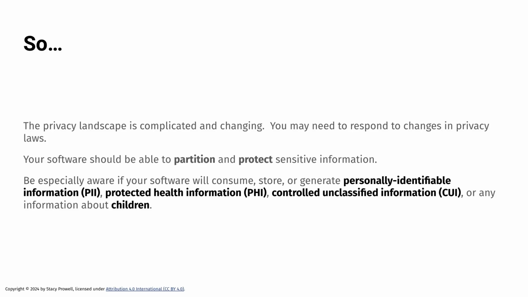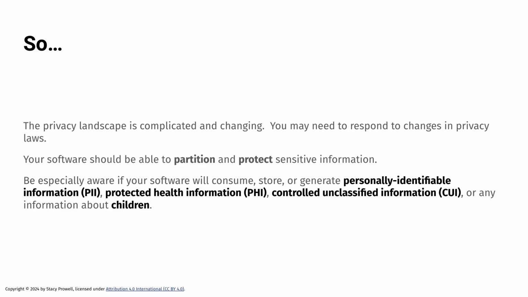The privacy landscape's complicated and changing, right? You're going to need to respond to changes. Your software should be able to partition and protect sensitive information. Remember when we talked about partitioning your software so that you had personal information, name, address, phone number, perhaps in one database, linked with information in a completely different database that might be financial information or might be health information, right?